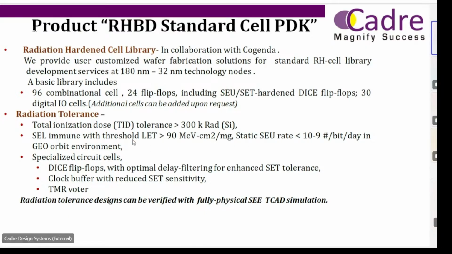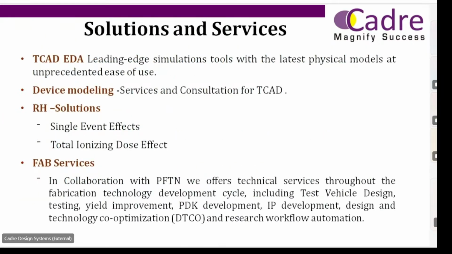All this library we verified through our TCAD physical simulation and through experiment. On the service side, we are providing consultation and services in device modeling, radiation hardened consultation, and fabrication.